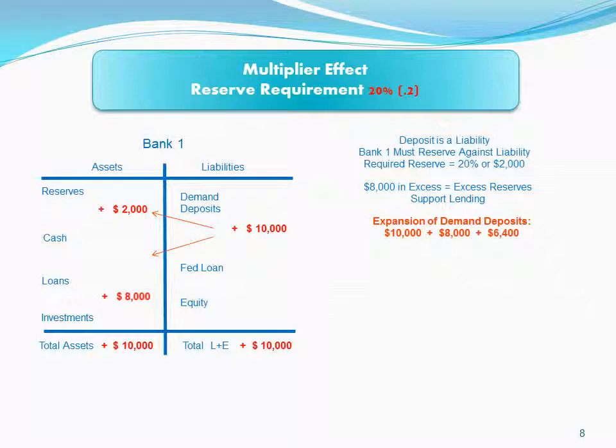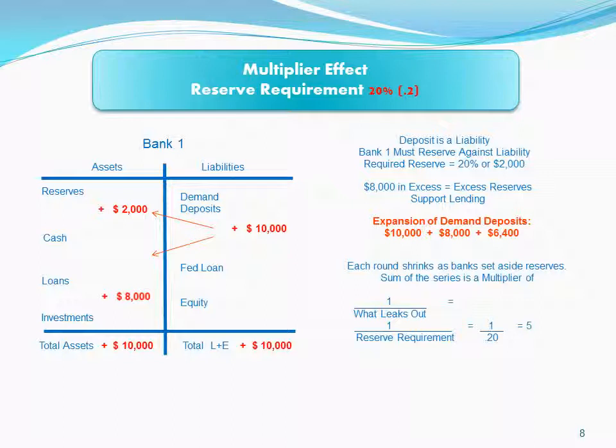And there's going to be some continued diminution, shrinking of this lending because of reserves at each bank, and the process will eventually run out. But the ultimate conclusion of that series is that the initial amount of excess reserves, what we had to lend out to begin with, will be multiplied by some amount.